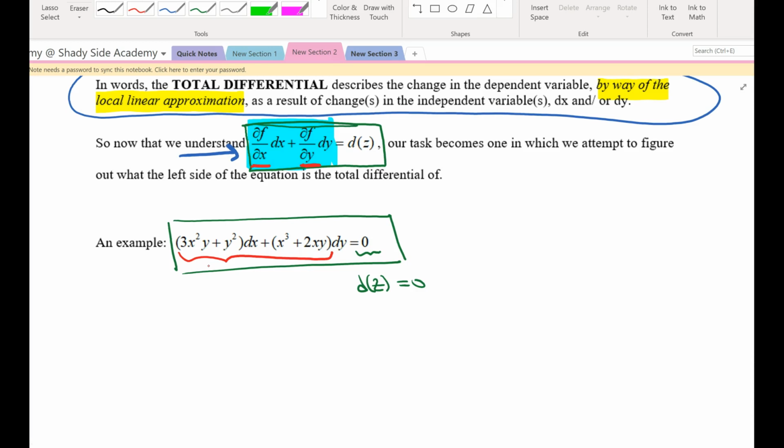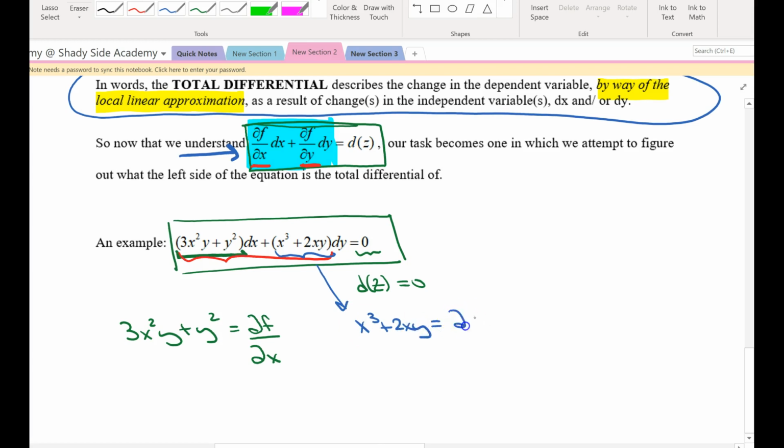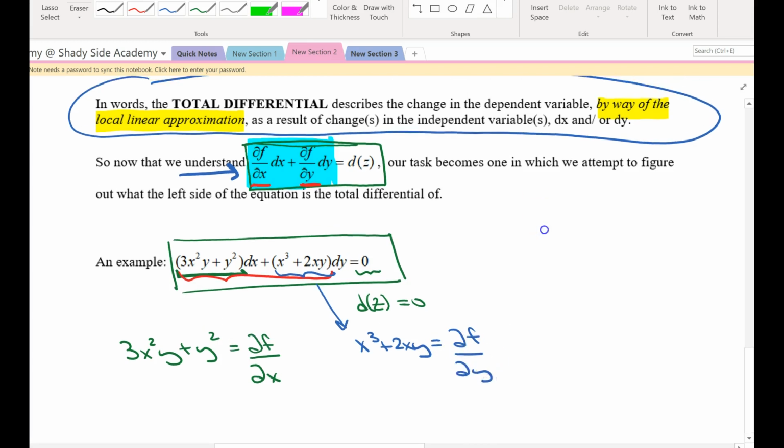So we know that this piece here, 3x² y plus y², is equal to the partial derivative of some function with respect to x. Similarly, this here, x³ plus 2xy, equals the partial derivative of some function with respect to y.